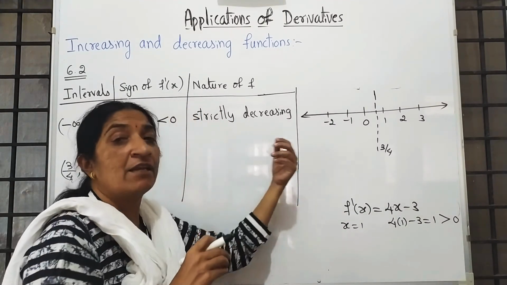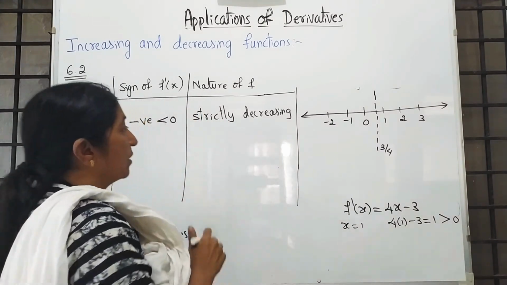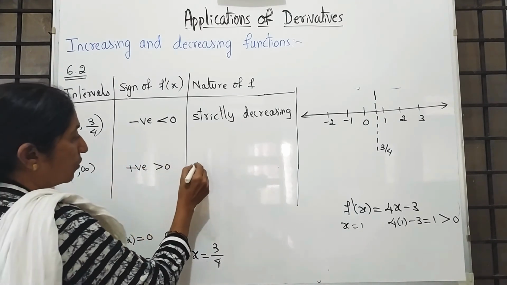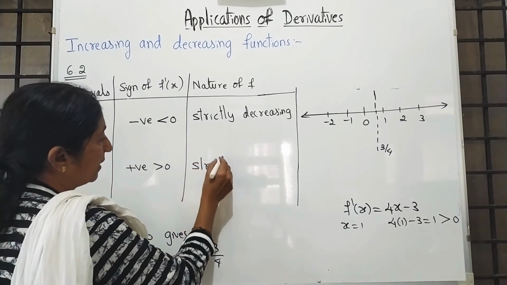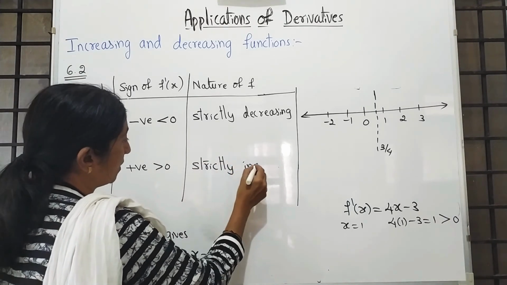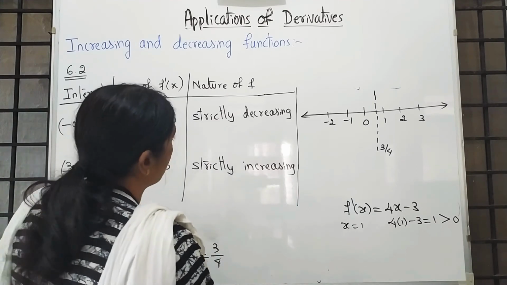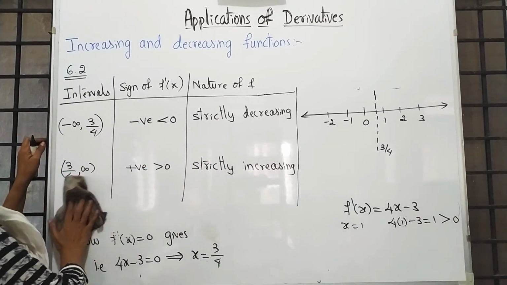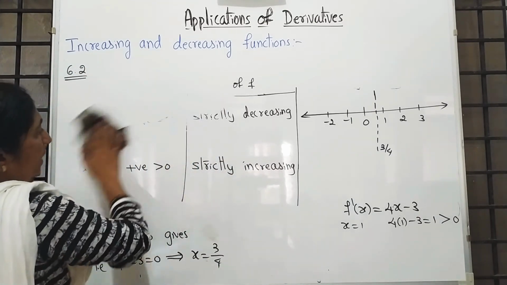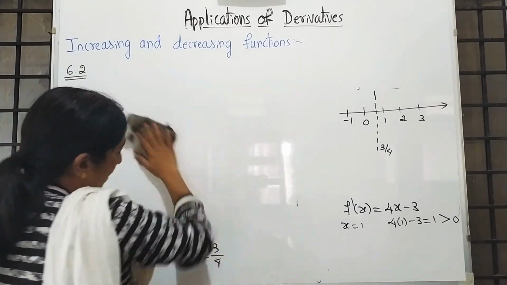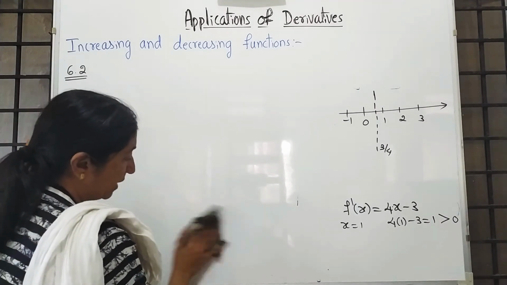If you take any value, you will get a positive answer only. So the function is strictly increasing. See, is it easy or what? Yes. If you write in a table, you will not make even a single mistake. Instead of writing in the form of a line, better you make a table. Now, I am moving to the next question.